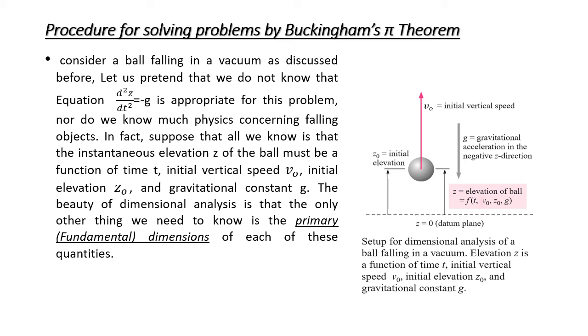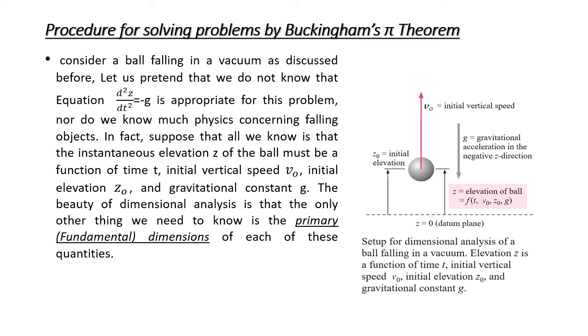Suppose that all we know is that the instantaneous elevation z of the ball must be a function of time t, initial vertical speed v0, initial elevation z0, and gravitational constant g.